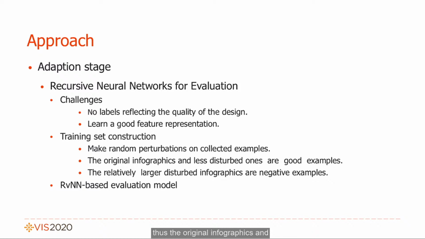Thus, the original infographics and the corresponding less disturbed ones are good examples, while infographics with relatively larger disturbance are regarded as negative ones. As for the second challenge, we propose a recursive neural network-based evaluation model to learn good features and discriminate which design is better.